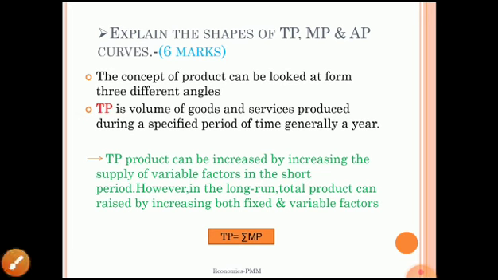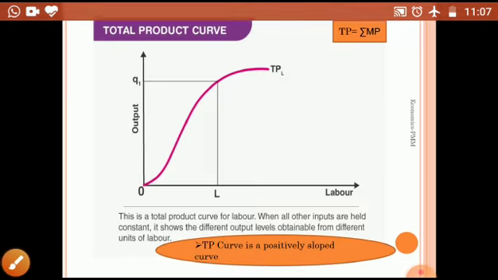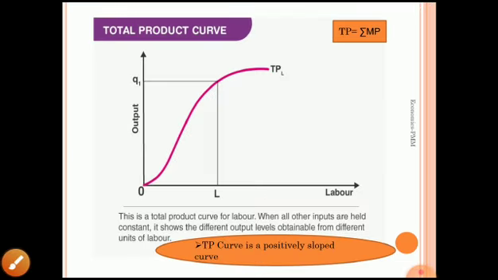Now already you know the formula of TP, that is, total product is nothing but the summation of marginal product. Now what is the shape of this TP curve?